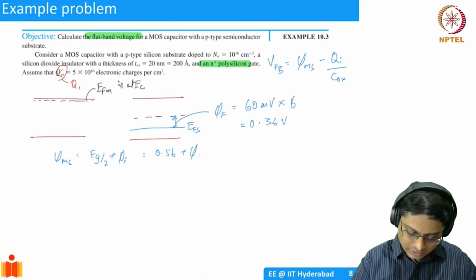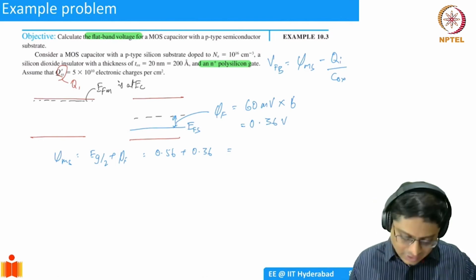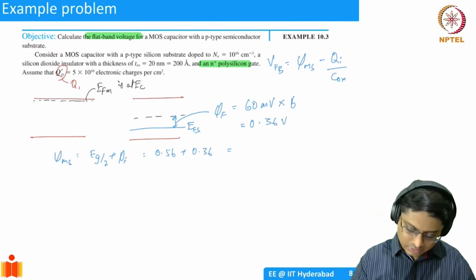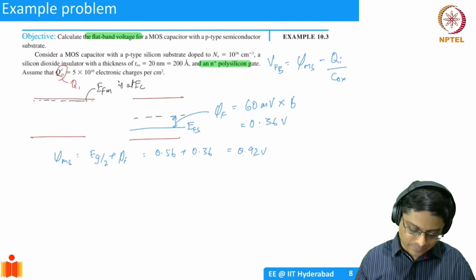Phi f is already known to us, 0.36 volts. So 36 plus 56 is 92. So 0.92 volts is your work function difference.